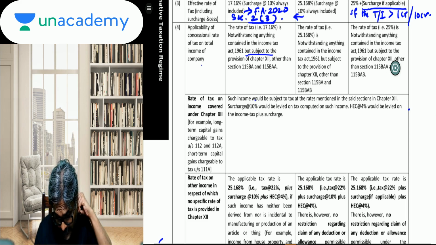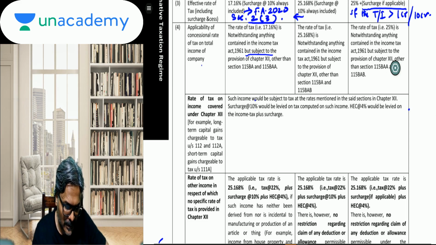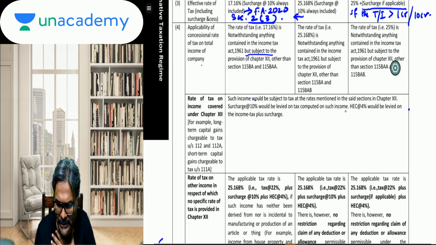If you see over here in the bracket, for example, long-term capital gains chargeable to tax under 112 and 112A, short-term capital gains chargeable to tax under 111A. Such income would be subject to tax at the rate mentioned in the said section in Chapter 12. Surcharge at 10% would be levied on the tax component in such income. HEC at 4% would be levied on the income tax plus surcharge.